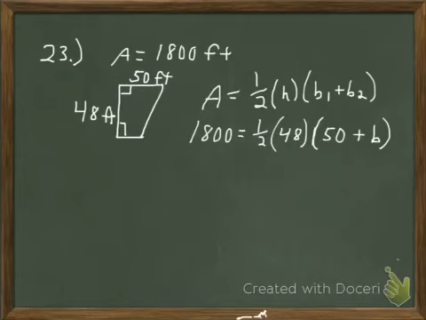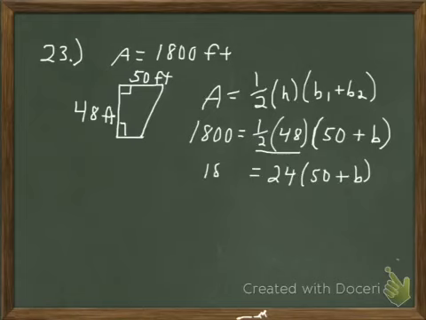Alright, in thinking of what we would do here, I'm going to do this a little different and kind of simplify this part first. So half of 48 would be 24. Alright, I'm done. I've already halved. I will not half again. Now I'm left with this. Alright, distribute that. 24 times 50 is 1200.